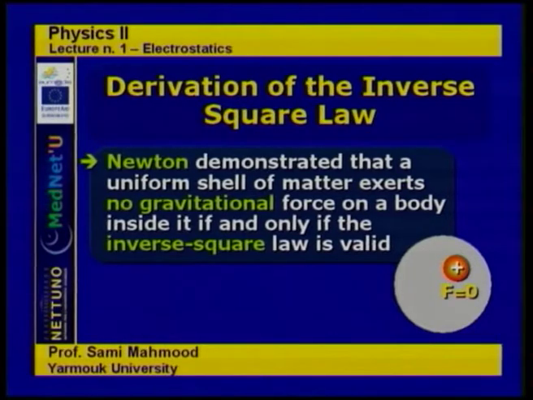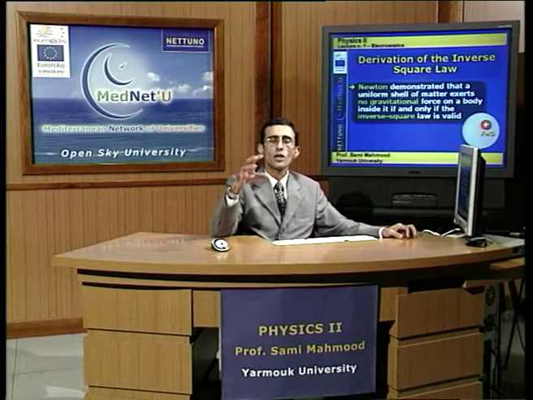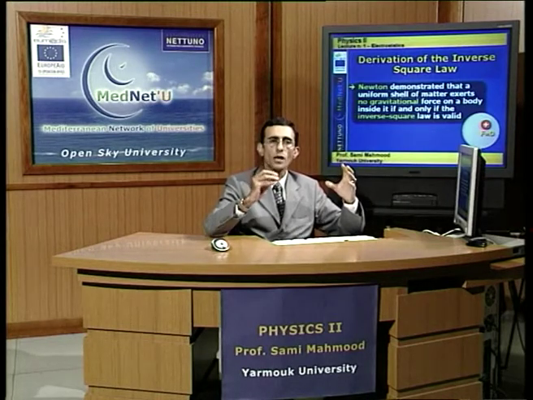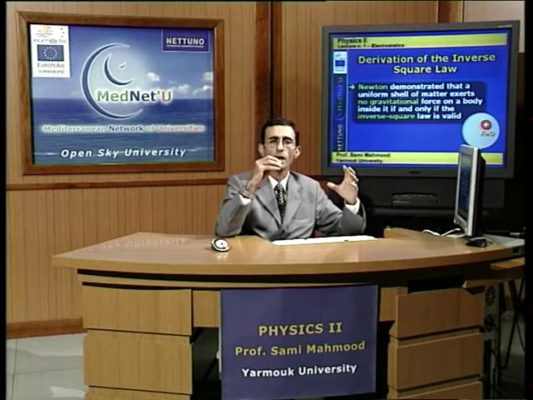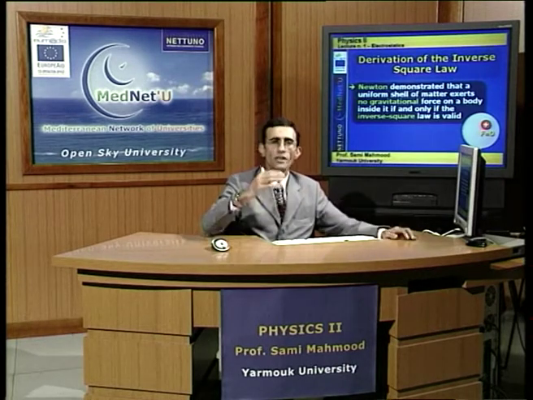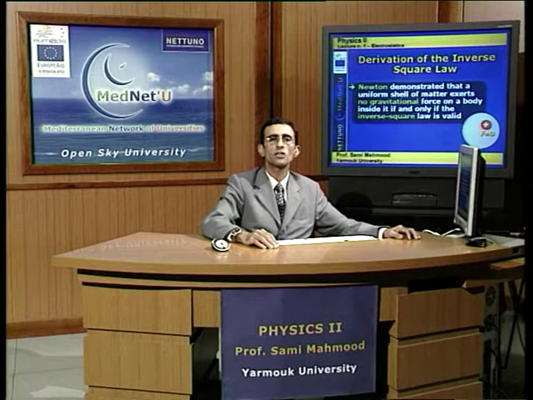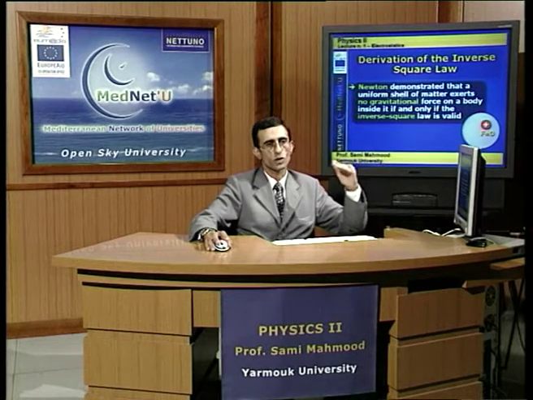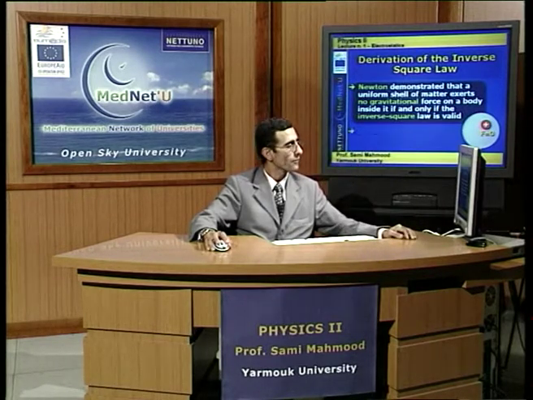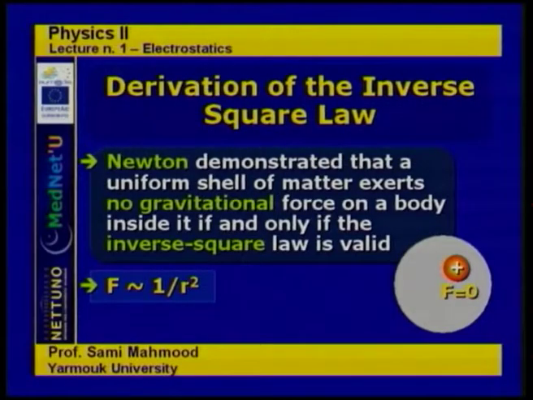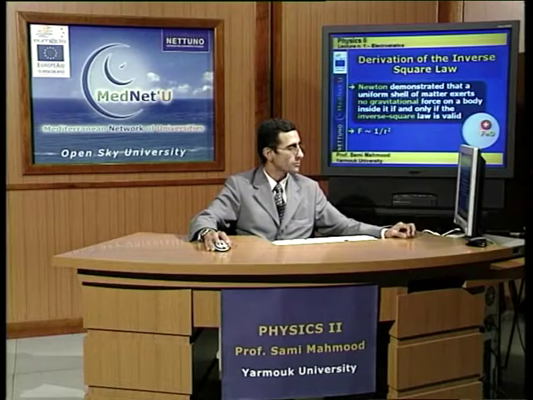Since the matter shell was observed not to exert any force on a body placed inside it, Newton concluded that the gravitational force must follow the inverse square law. That means the strength of the force goes as 1 over r squared, where r is the distance between the two interacting objects.